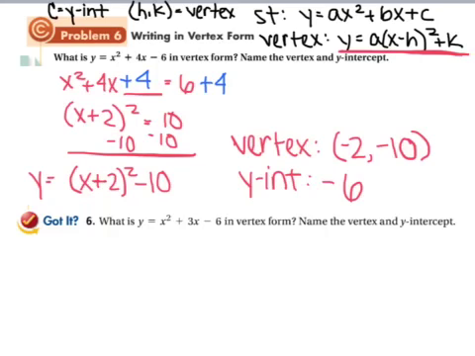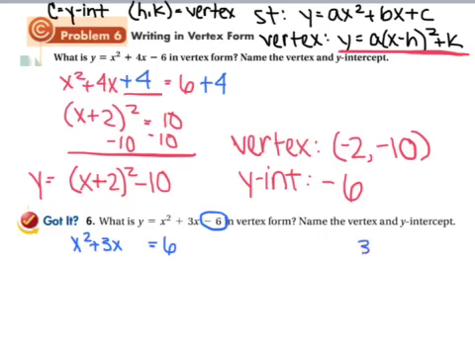Okay, let's try Got It number 6. We're going to start with x squared plus 3x. Now I'm going to move this 6 onto the other side of my expression because I want to complete the square. To complete the square, b divided by 2, quantity squared.